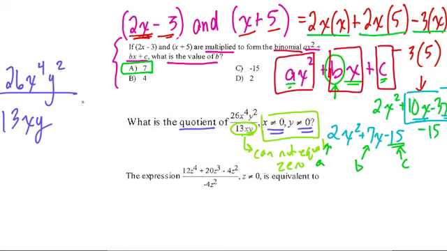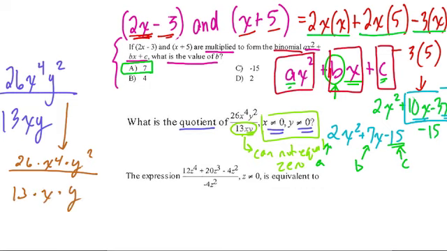Well, the key, I think, is to realize some of the flexibility that you have here. Because after all, we're just multiplying 26 times x to the 4th and times y squared, and that's over 13 times x times y. Well, remember with multiplication, we can regroup. So I'm going to say that this first term is 26 times x to the 4th times y squared over 13 times x times y.